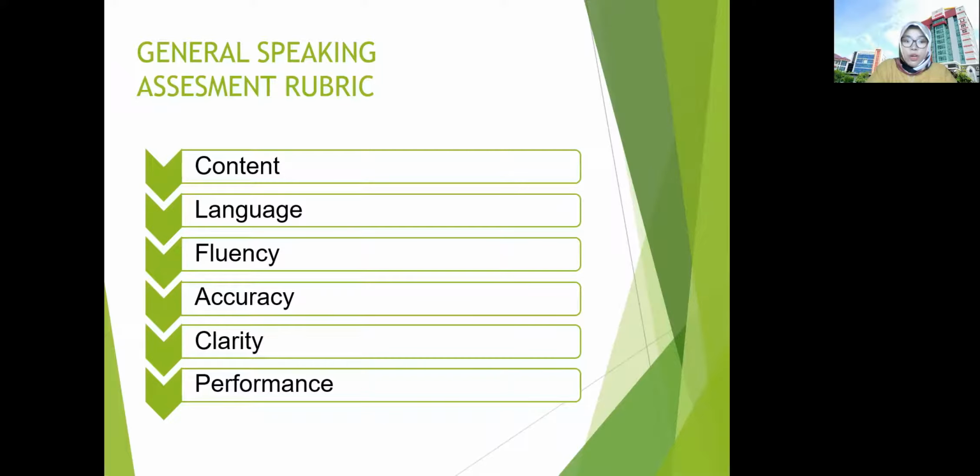And related to the vocabulary, it will be assessed through the fluency aspect. So if you speak fluently enough, you use enough vocabulary and proper diction, meaning you are fluent. And next, you will be assessed based on accuracy.